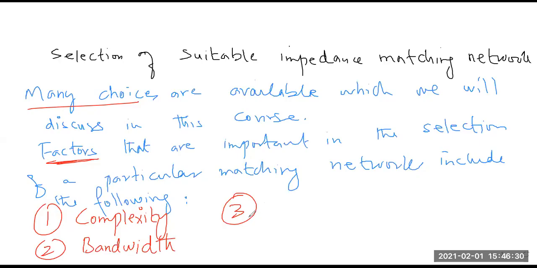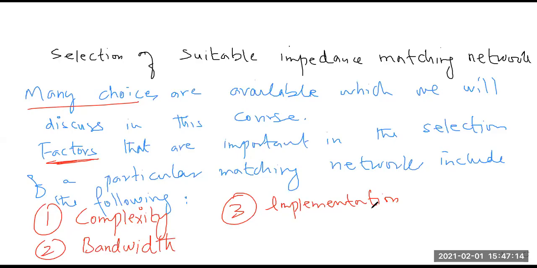The third factor that you take into account is implementation. What is the meaning of implementation? Whenever you design some impedance matching circuit, you are going to find out whether it is easy to implement that design or not. Some impedance matching circuits, depending upon the application, may be easier to implement than others.